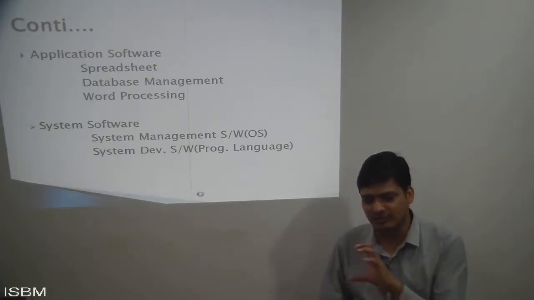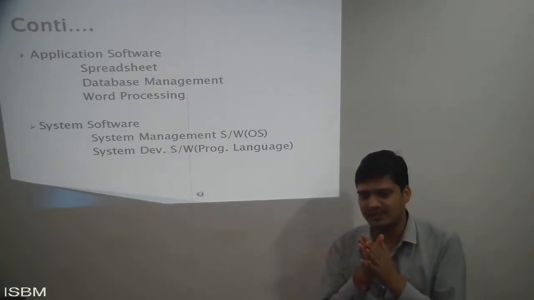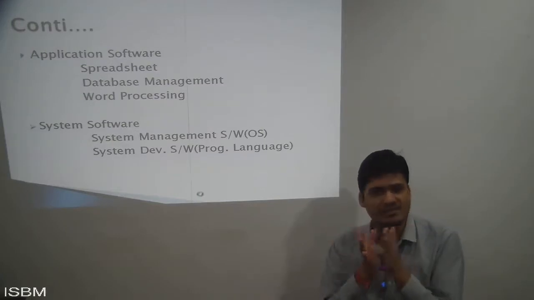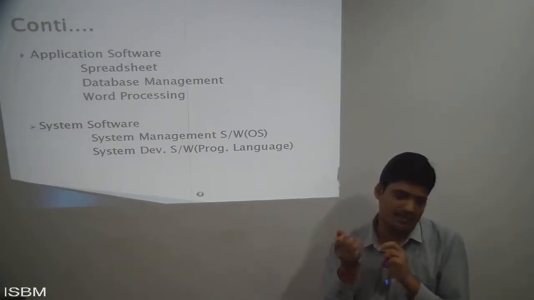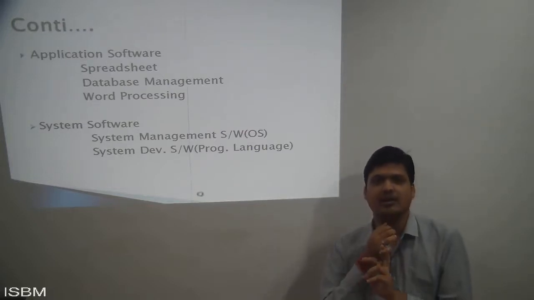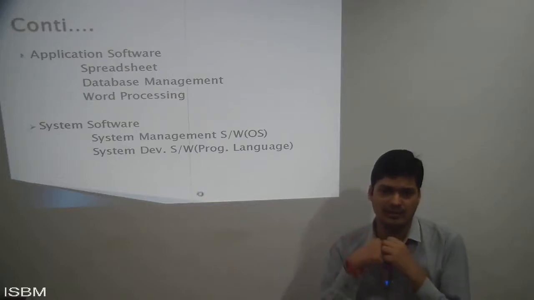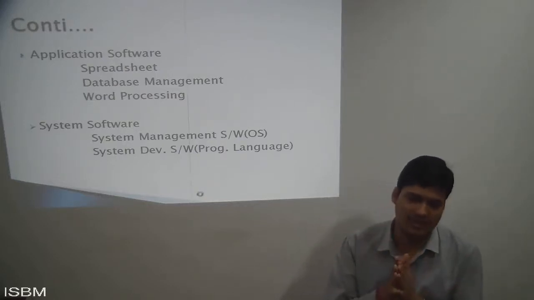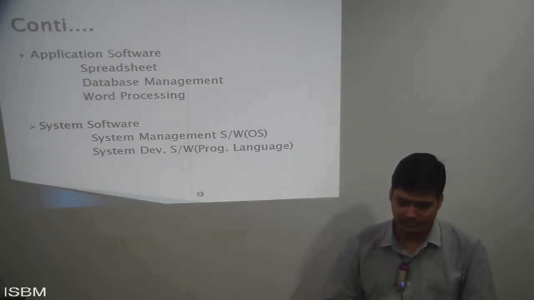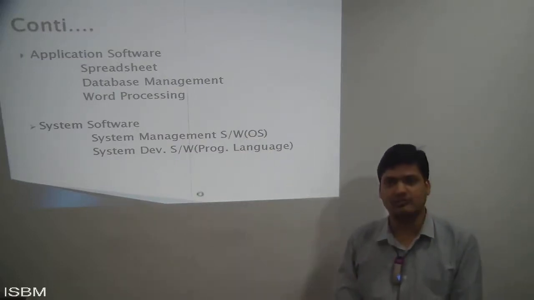So there is a lot of software for different businesses and different applications. It's customized: if I am running a hospital business, there is software for hospitals available in the market, and I can ask the vendor to customize it according to my requirement. Then word processing is nothing but Microsoft Word.